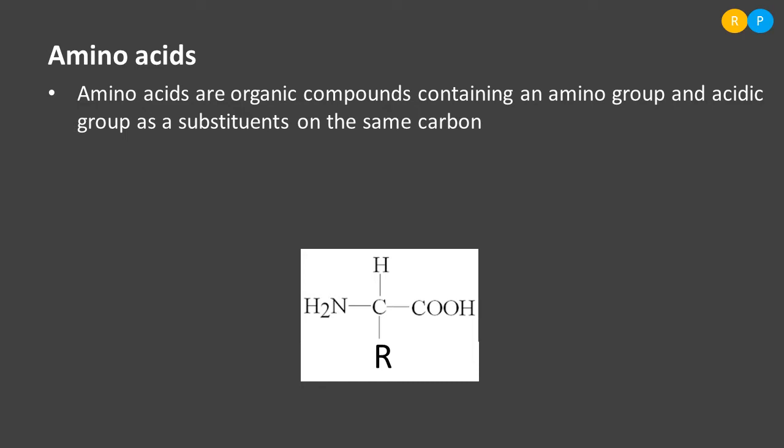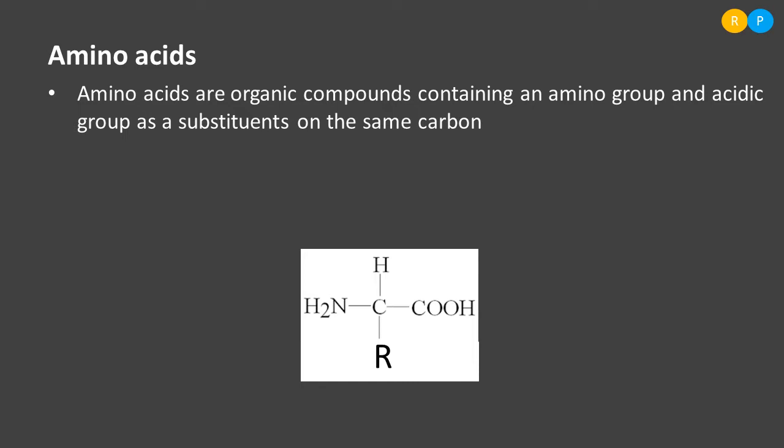At the center of the amino acid, we can see carbon. Carbon usually has 4 valencies, right? That means it can attach to 4 different kinds of elements. The carbon present at the center is called the alpha carbon.